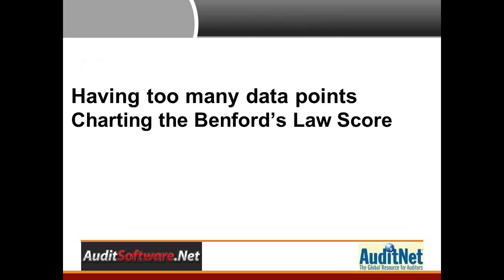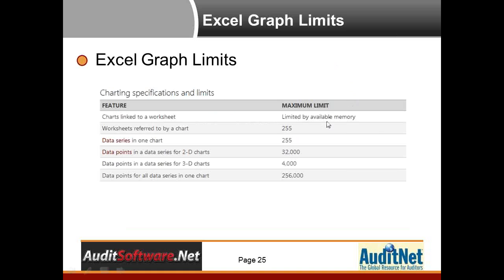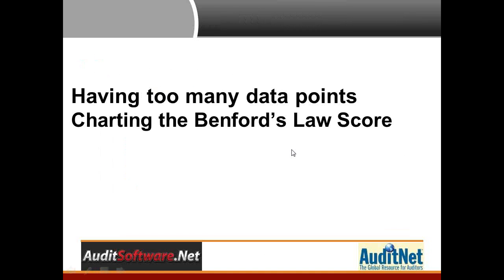Again, if you have too many data points, you basically exceed that 32,000. We still can work with it, and I'll show you how you do that. Again, these are some of the other limits here. Not back to the polling question, but let me go into this Excel spreadsheet now so that we can work with it.